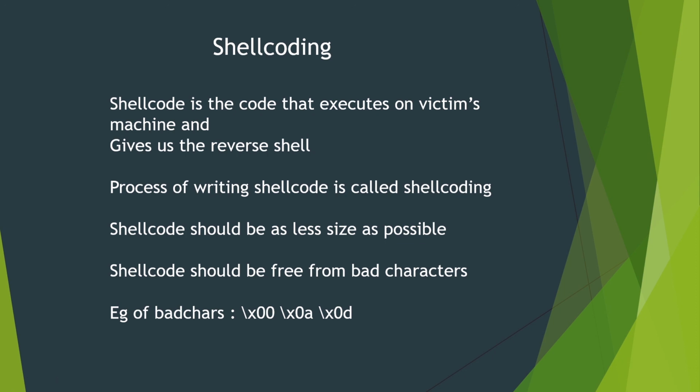So that's why you need to avoid these two characters in web applications. You also need to exclude the null byte because it is a universal bad character, and these two are bad characters for web applications. So these are the main properties you need to consider when coding shell code.